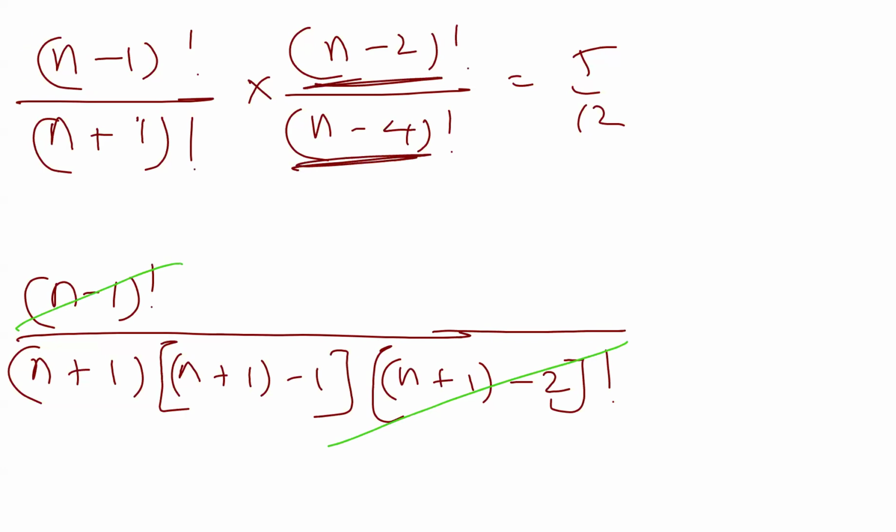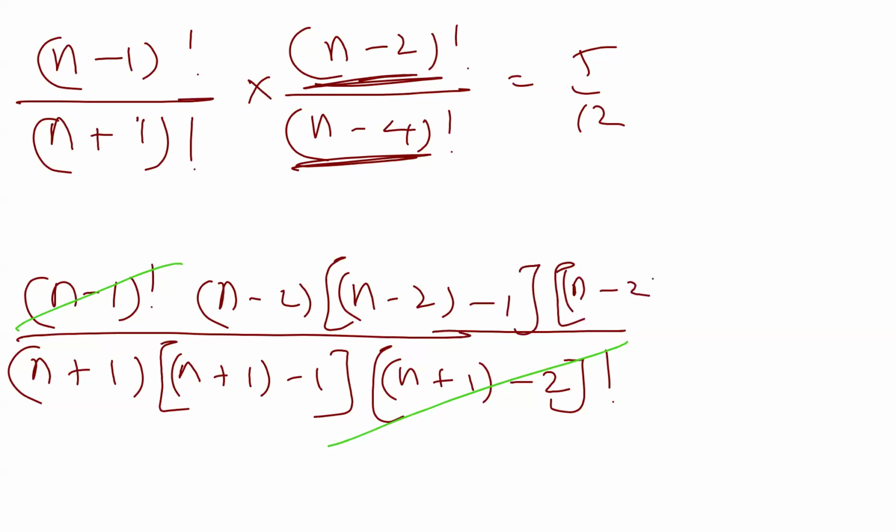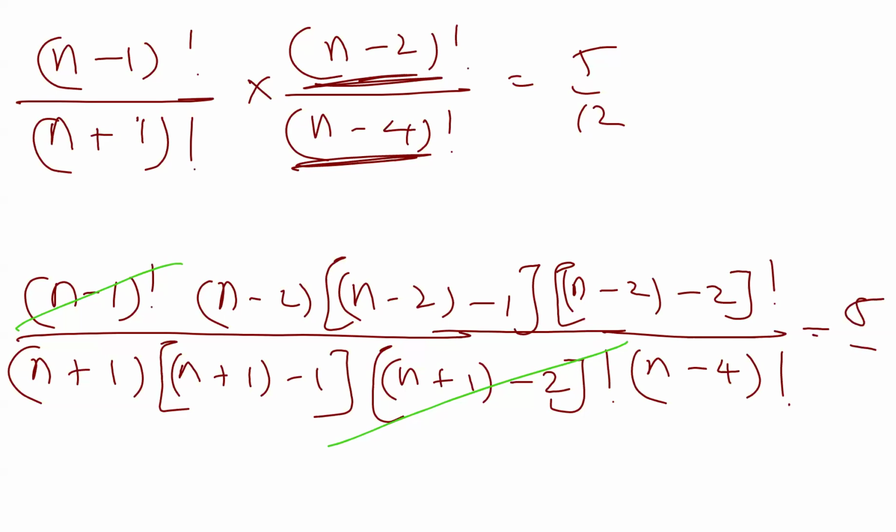Now out of these two terms, n minus 2 is the bigger term because if n is 10, n minus 2 is 8 and n minus 4 is 6. So n minus 2, n minus 2 minus 1, (n minus 2 minus 2) factorial upon (n minus 4) factorial equal to 5 by 12.